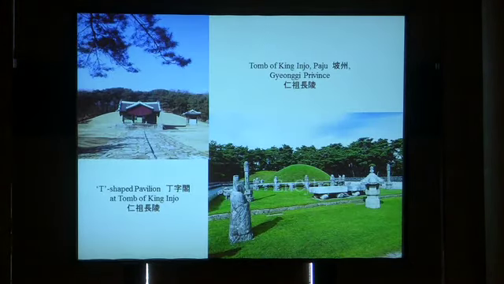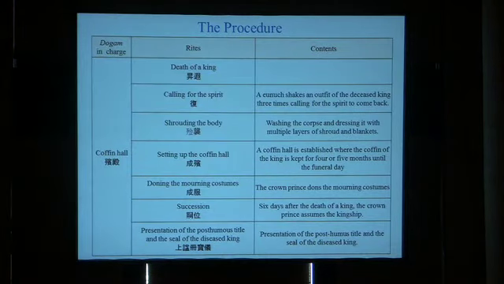So these are the Uigwe, and that's King Injo's tomb. And I will skip this entire part, except that the second one, calling for the spirit, is interesting. A eunuch shakes an outfit of the deceased king 3 times, calling for the spirit to come back. So when a king dies, people are really sad and hoping that his spirit would come back.